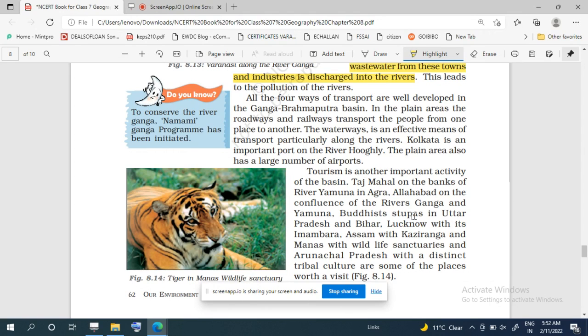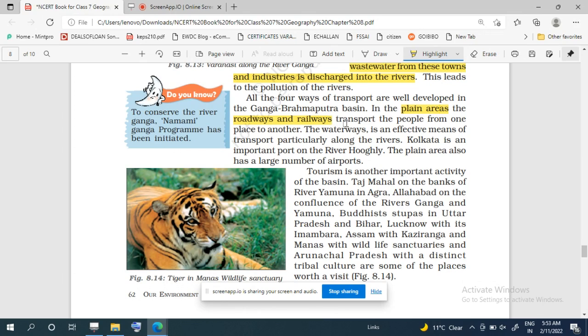Okay, and then we find that all the four ways of transport are well developed in this basin. Like in the plain areas, roadways and railway transport are popular among the people. People use these roadways and railways, and waterways are also available because the river is there. So it is also an effective means of transport.